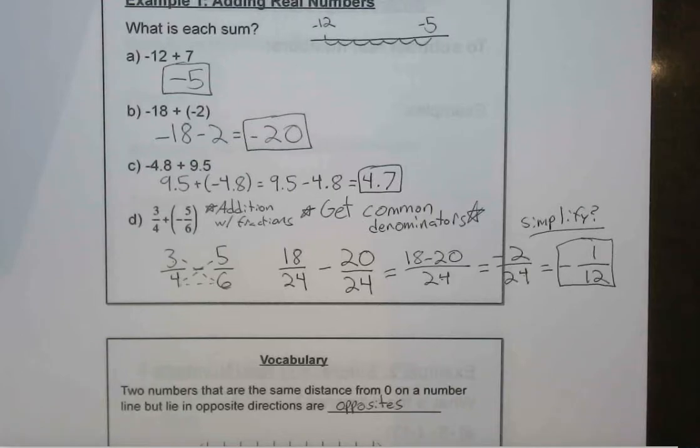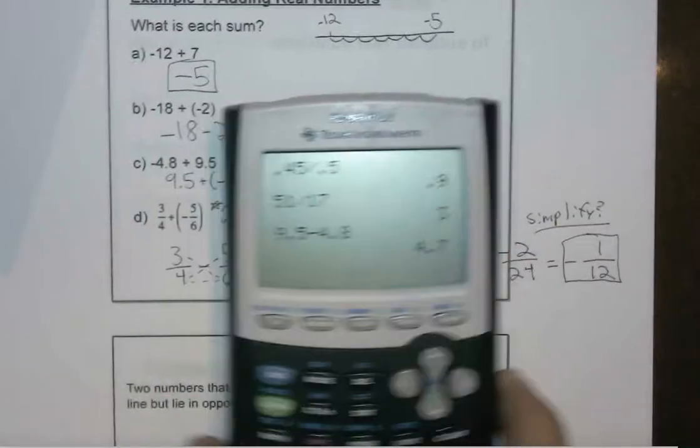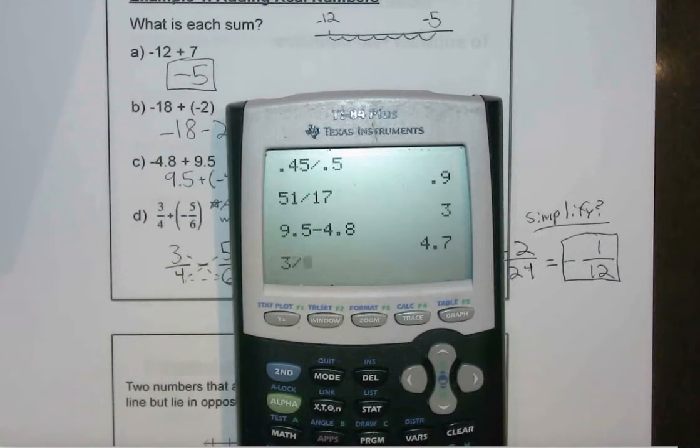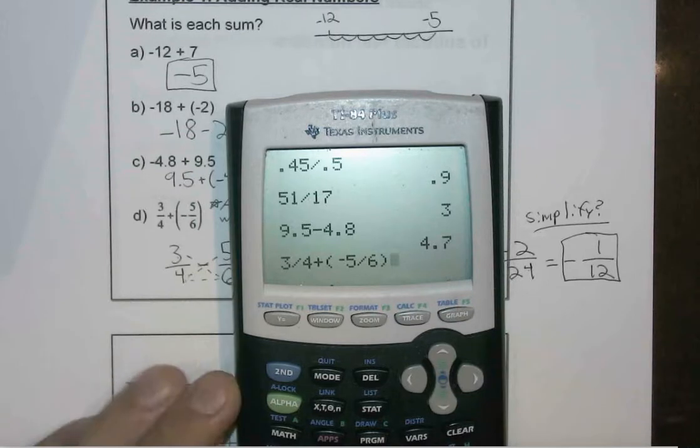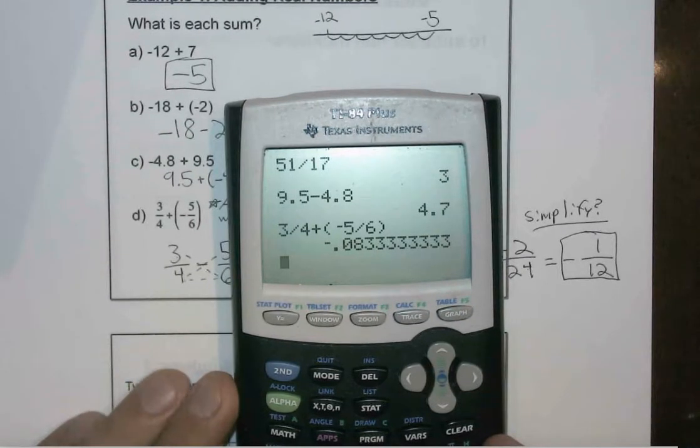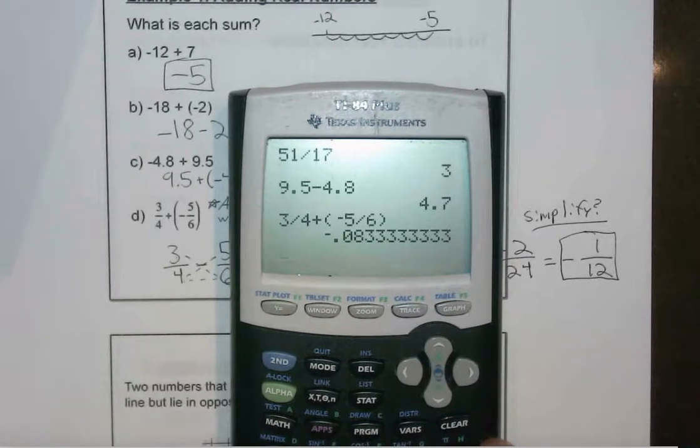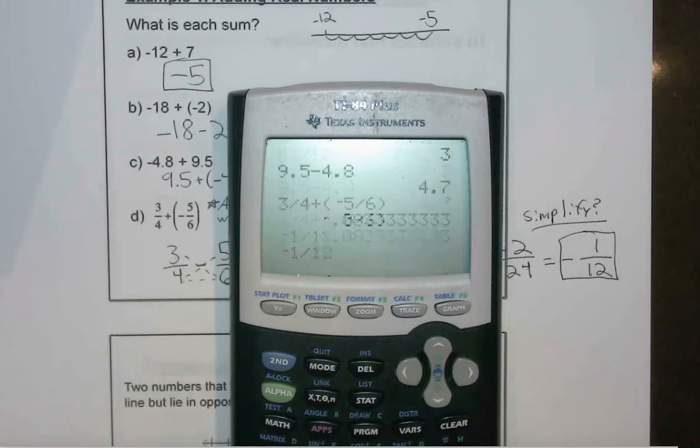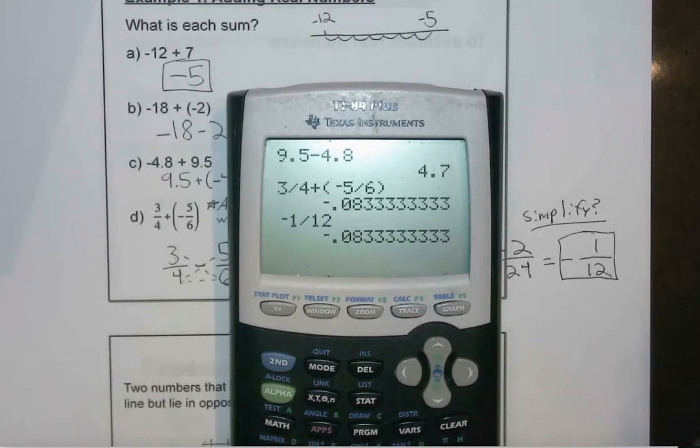What's interesting is that if you're trying to use a calculator on this, so if you decide you want to try and plug in 3/4 and then you're adding on -5 divided by 6, you end up with a decimal, which is the same outcome you'd get if you did -1 divided by 12 like we did here.